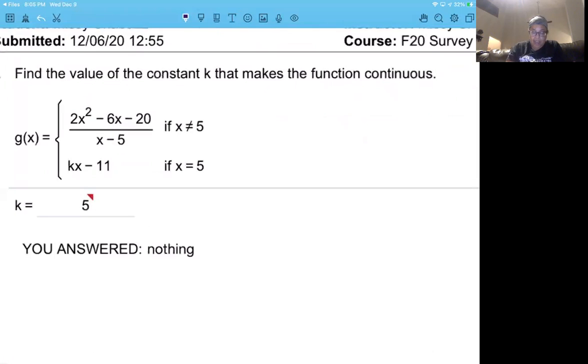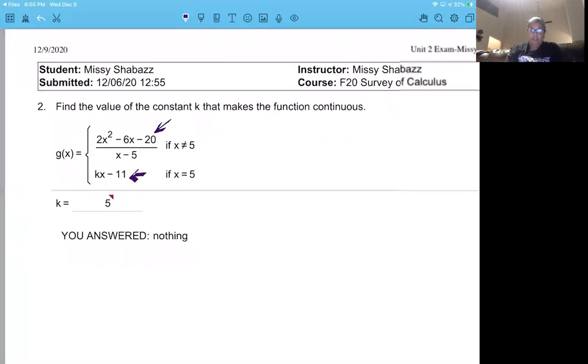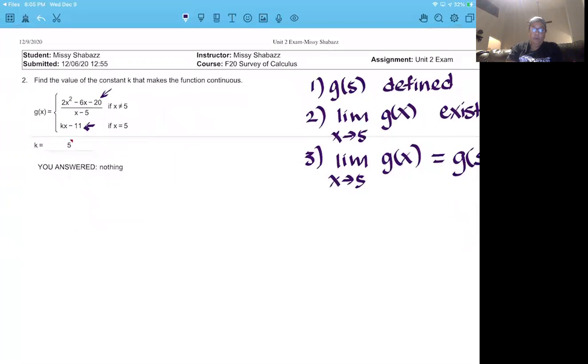All right, so what we have here is they're saying, okay, if x doesn't equal 5, use this. If x equals 5, then use this. We need for the limit to exist, and it needs to be defined. Well, we know that it's defined because of this part, right?